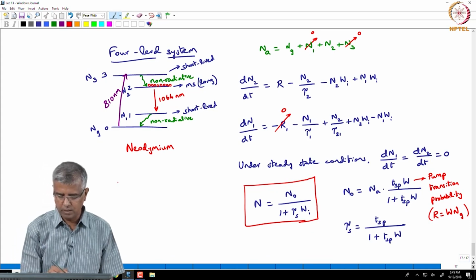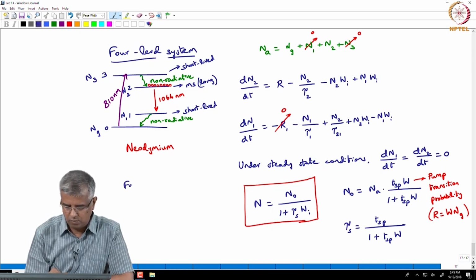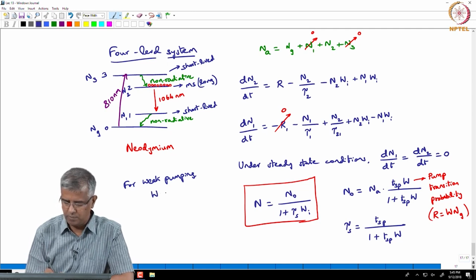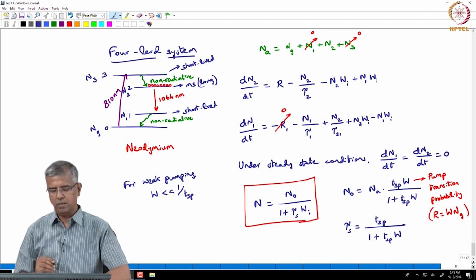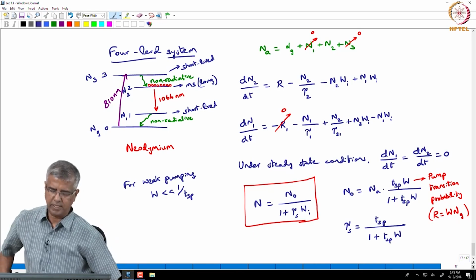So, from here, take the specific case for weak pumping, where W is far lesser than 1 over TSP.